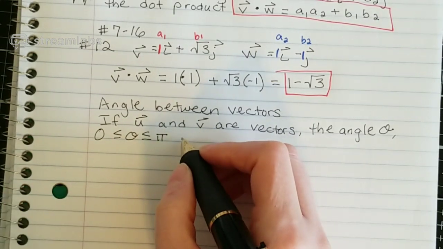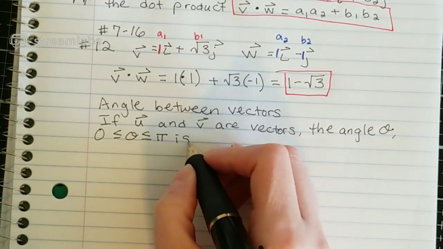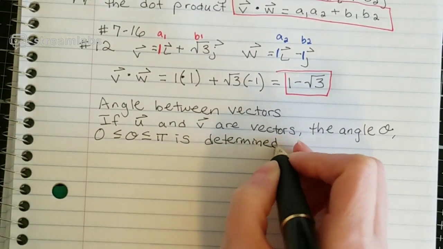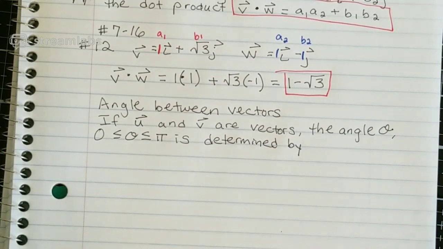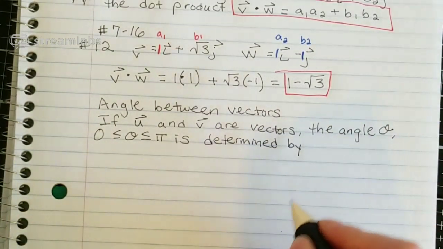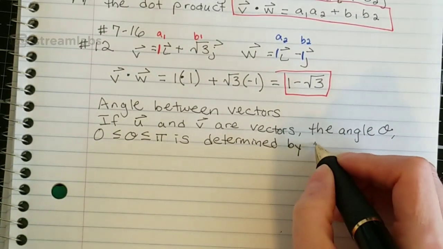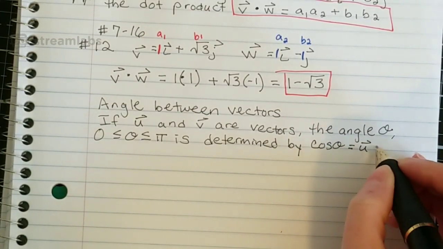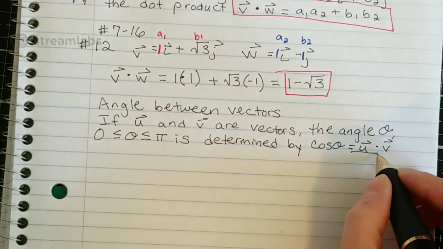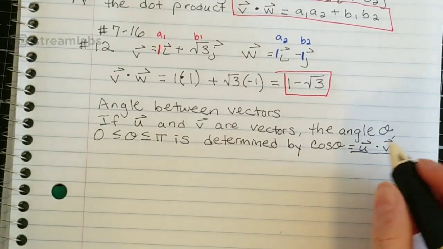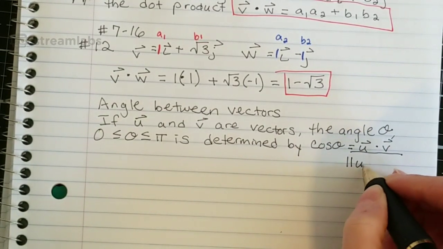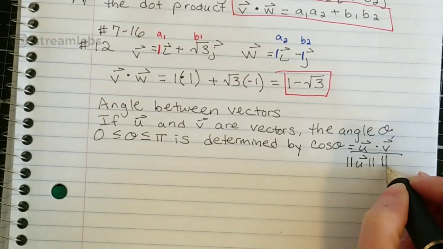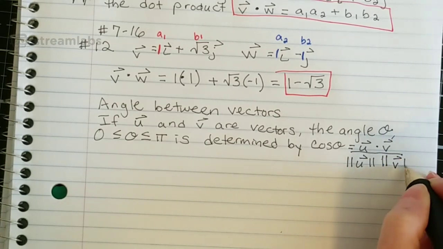And that is determined by the formula: cos of theta is equal to u times v divided by the magnitude of u and then the magnitude of v.